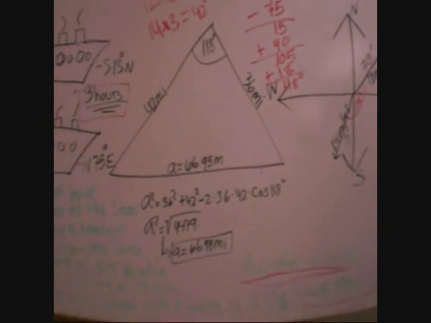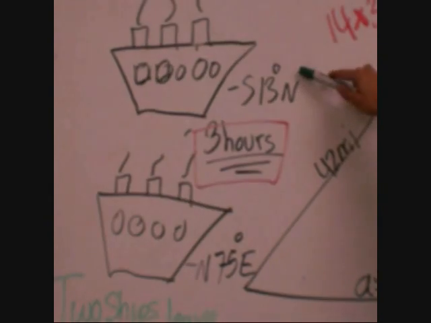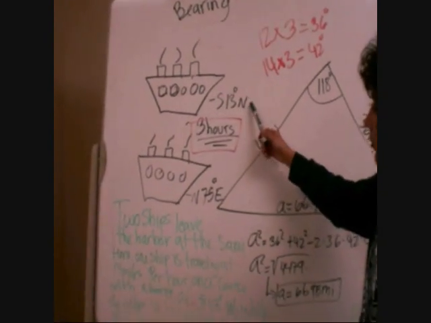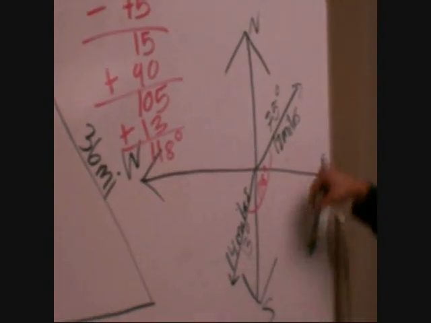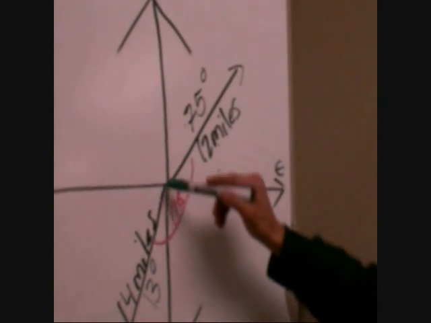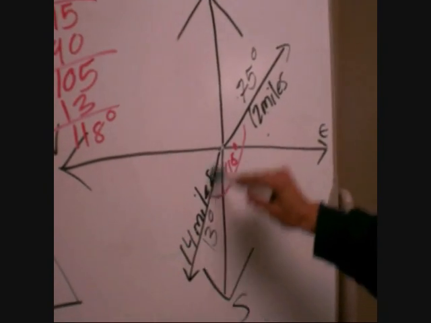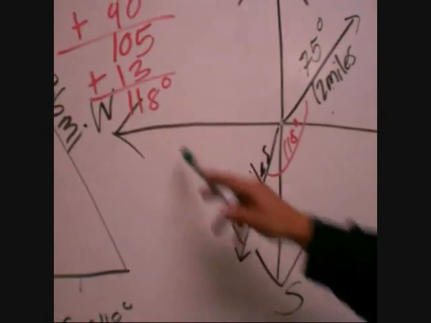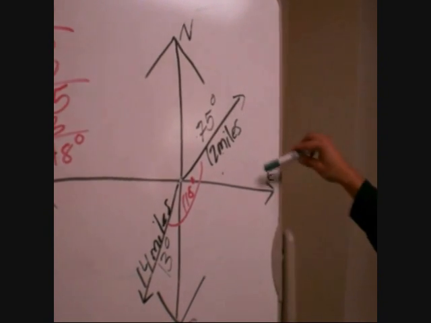What you do first is you draw your two ships. Visual always helps. Put the bearing next to that and draw this graph right here. This shows the bearing of the first ship, 14 miles, south 13 west. The next one, north 75 east.